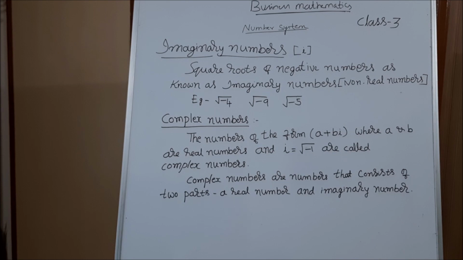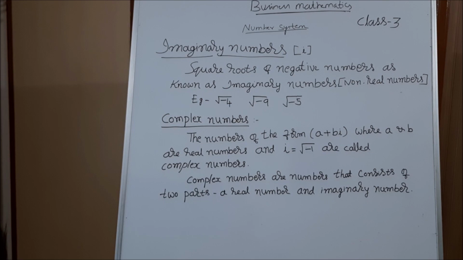For plus 9 it is plus or minus 3. But for negative numbers, the square root is called an imaginary number.